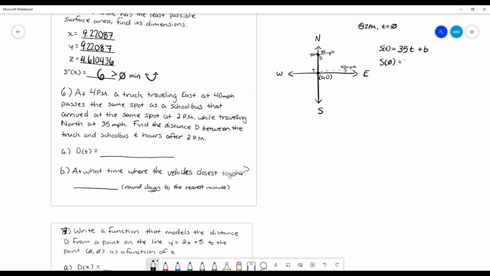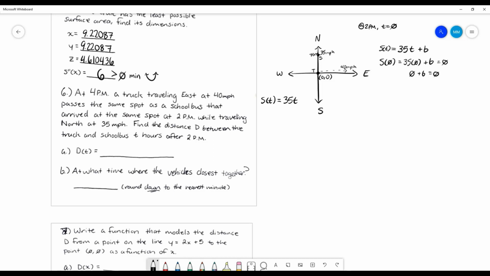So it's going to be 35 times 0 is 0 plus b. That all equals 0 because that's where it is. Which means that b has to equal 0. So our equation for our school bus's distance from the point is just 35t.